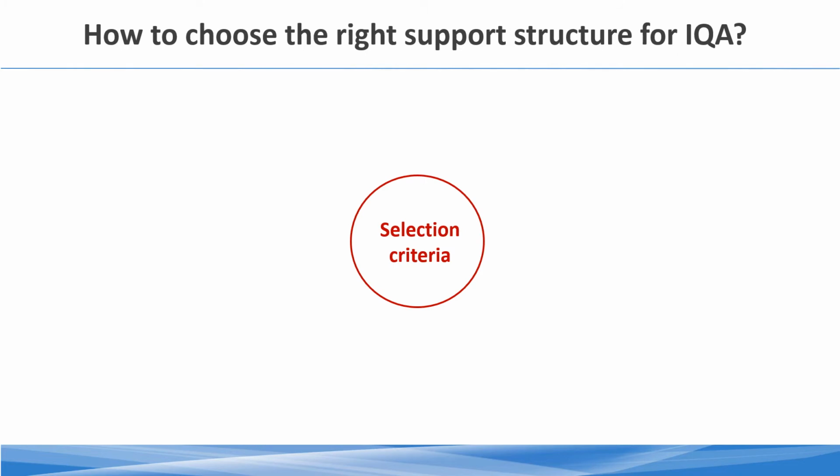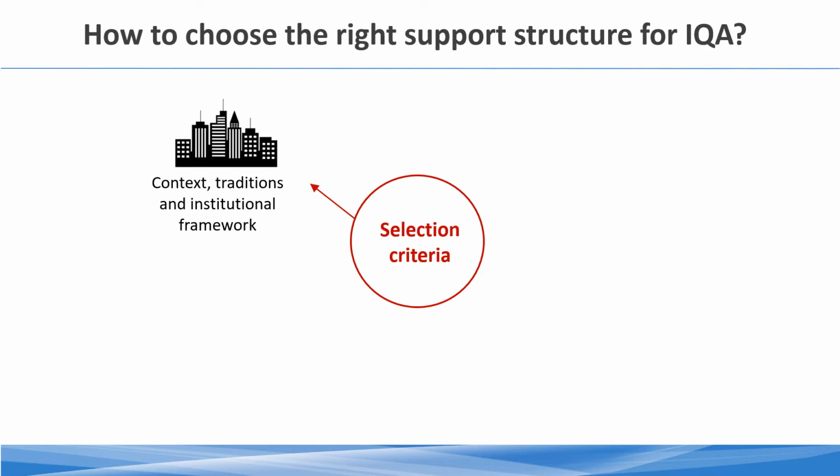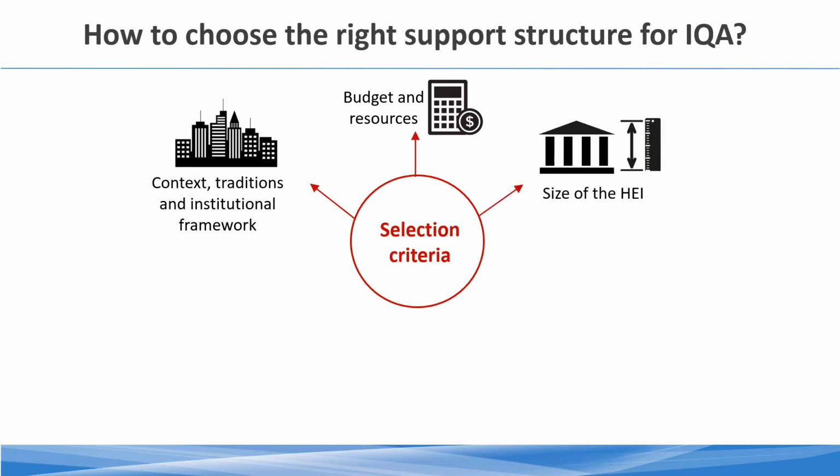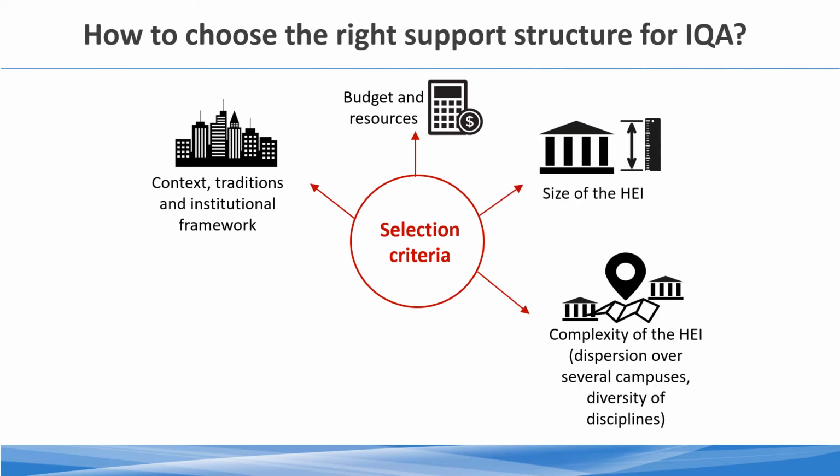How do you choose between the three types of IQA support structures? There are several criteria to consider. To begin with, you need to choose an IQA structure that fits the context, traditions, and institutional framework of your university. It is also important to consider the budget and resources available, the size of the institution, and its complexity.